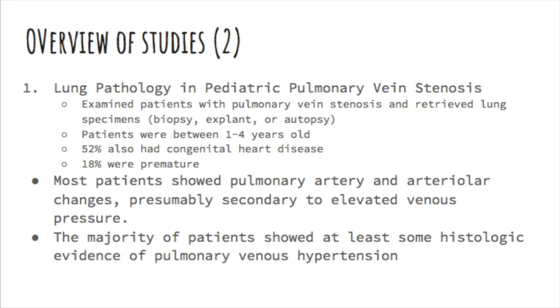Most patients showed pulmonary artery and arterial changes, presumably secondary to elevated venous pressure. And then also, the majority of patients showed at least some histologic evidence of pulmonary venous hypertension. They also had groups that they put the patients in, and they were either in a group due to post-repair, significant congenital heart disease but no surgical repair, no significant heart disease, or premature birth and bronchopulmonary dysplasia without congenital heart disease.